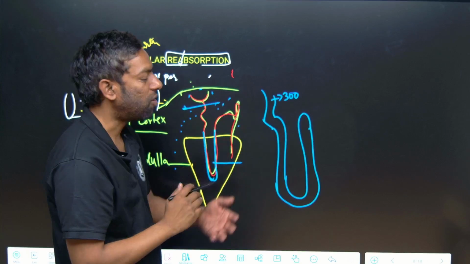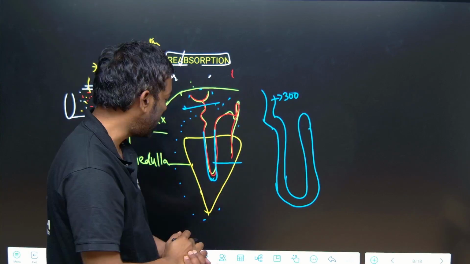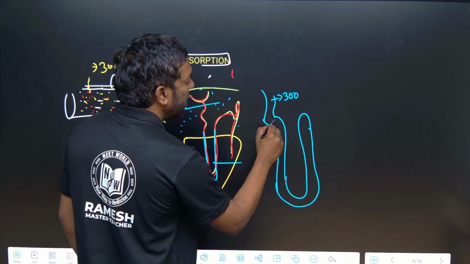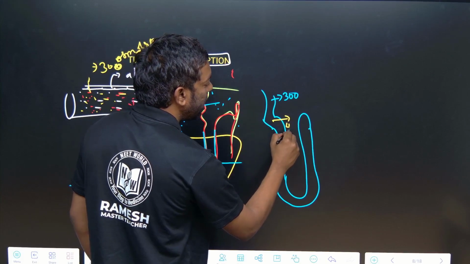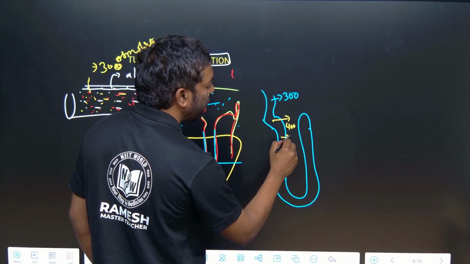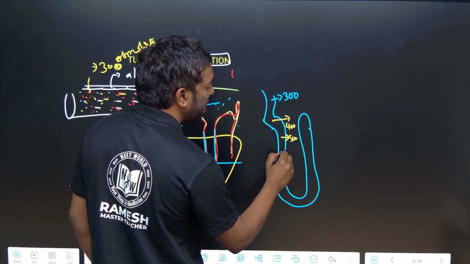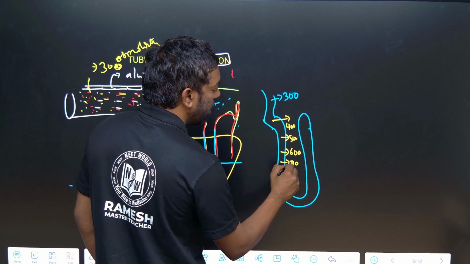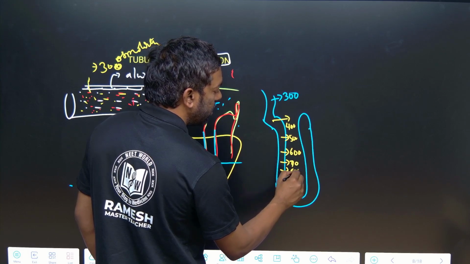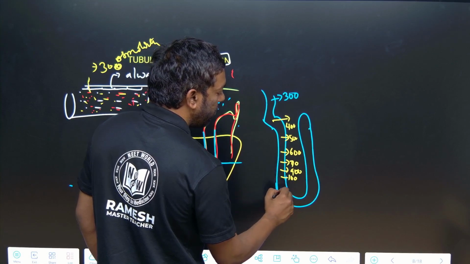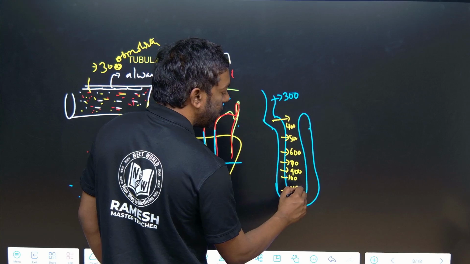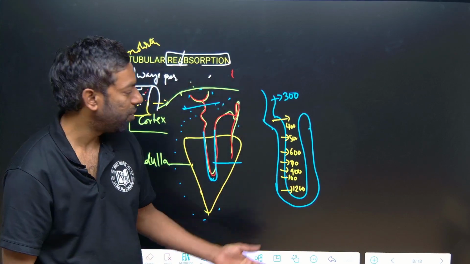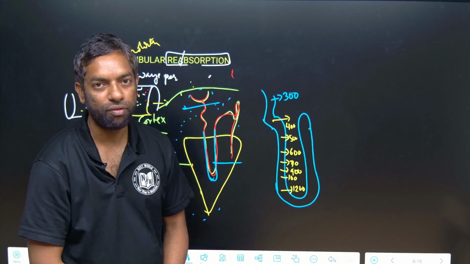Blood and cortex region have the same 300 osmolarity. If we come down the descending order, the osmolarity increases: 400, 500, 600, 700, 900, 1000, and finally it reaches 1200 osmolarity.